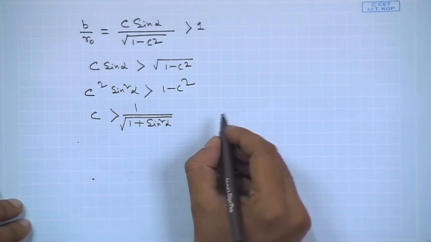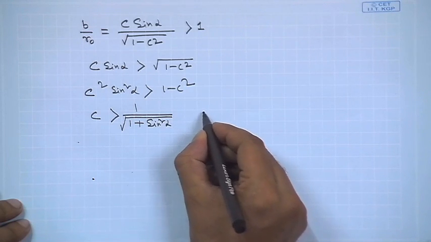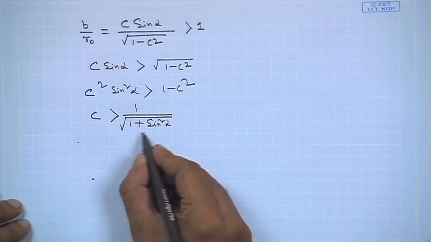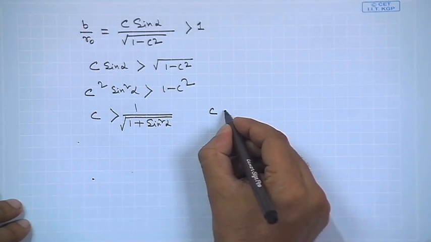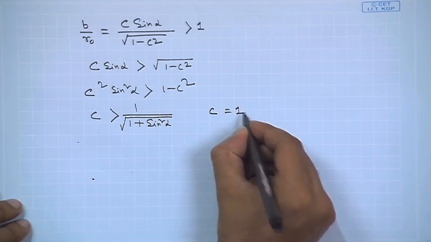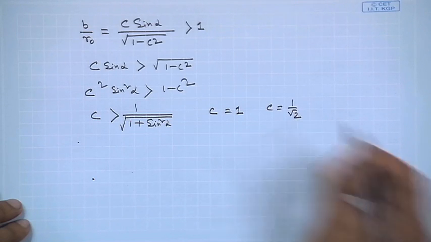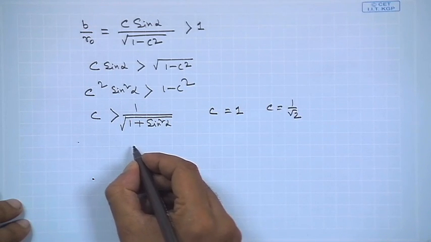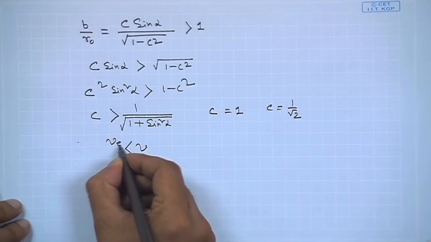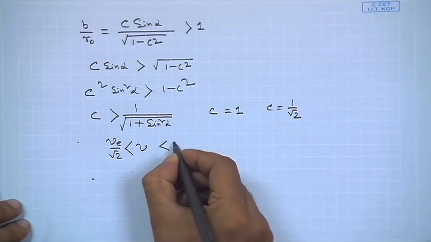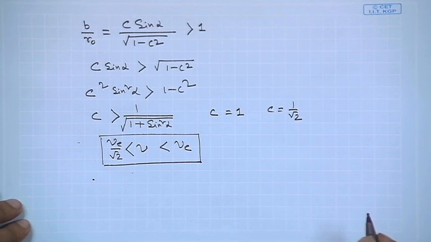So, the range of sin square alpha is now between 0 and 1. Okay. So, the highest C can be is equal to 1 and the lowest C can be is 1 by root 2. So, we see velocity has to be enclosed between V e by root 2 to V e in order to have a satellite.